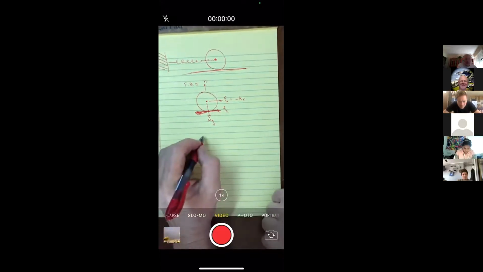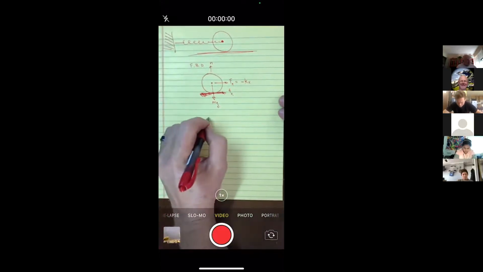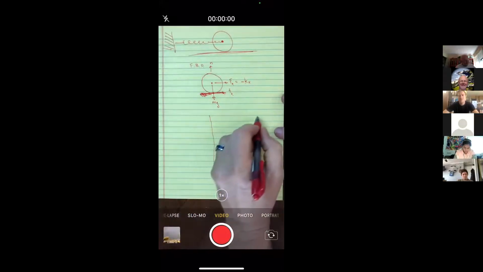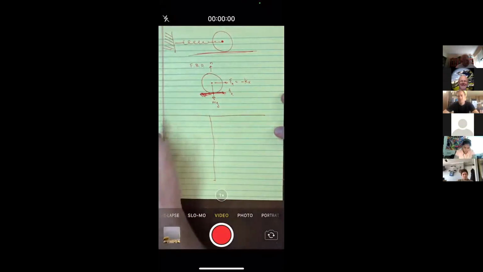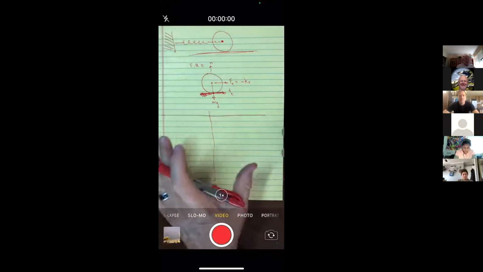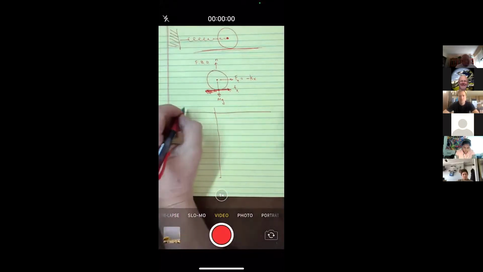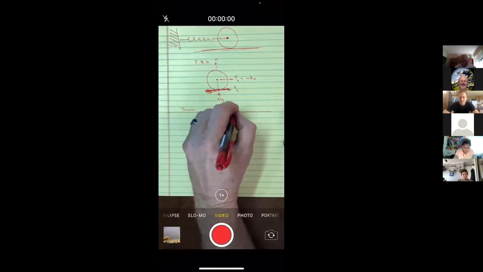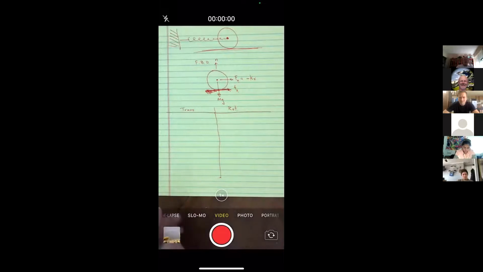I like to split my paper in half when I have problems where two things are going on at the same time. And in this case, I have a translational motion and a rotational motion.